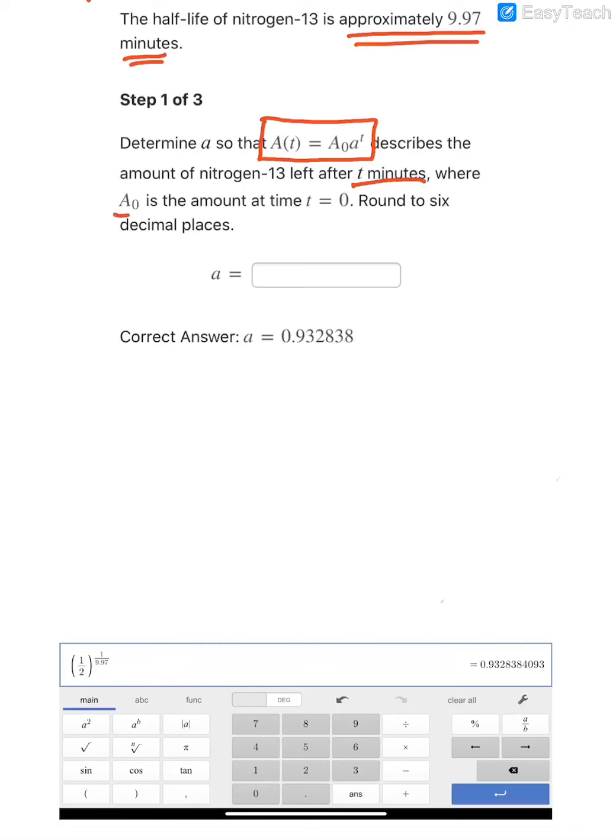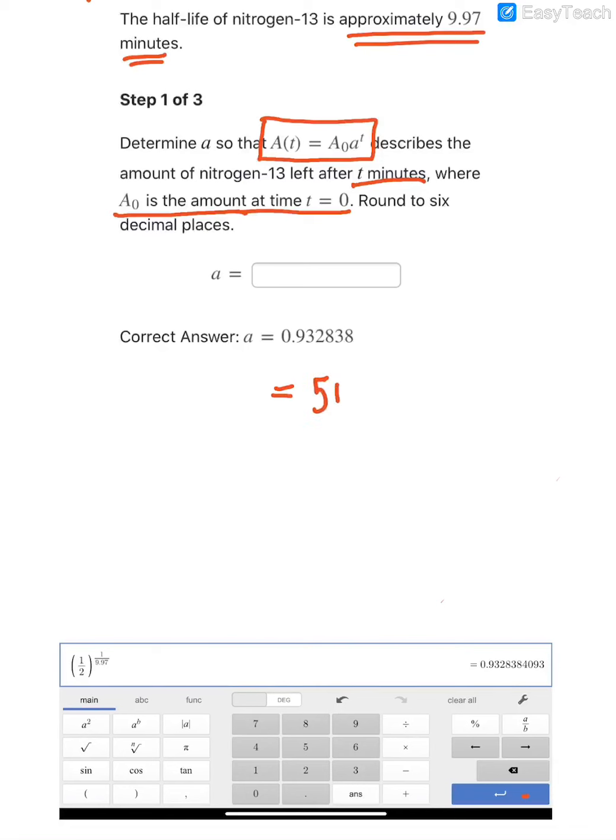This A sub 0 is the amount you have at a time of 0, so when you first start out, and they want 6 decimal places. So let's just pretend we're going to start with 50 grams of nitrogen 13.